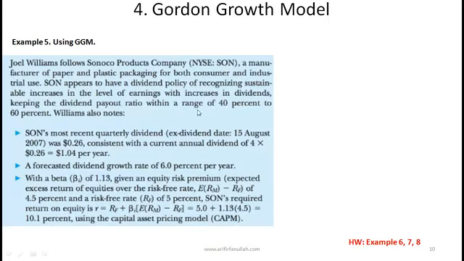A quick reminder of the Gordon growth model. Let's see if you can do this real fast. The manufacturer of paper and plastic packaging for consumers, so this is Sonoco. Sonoco appears to have a dividend policy recognizing sustainable increases in the level of earnings. So what does this phrase tell you?